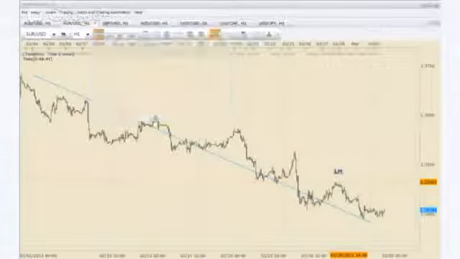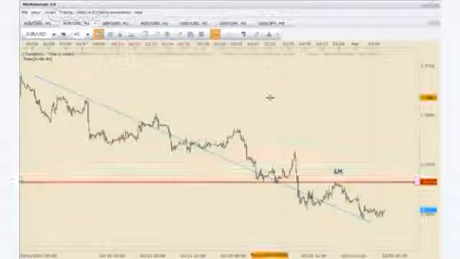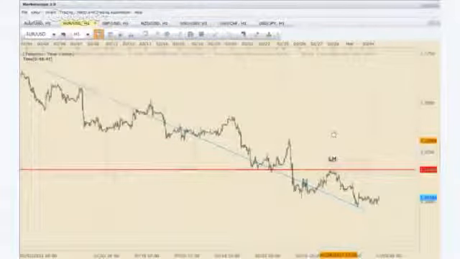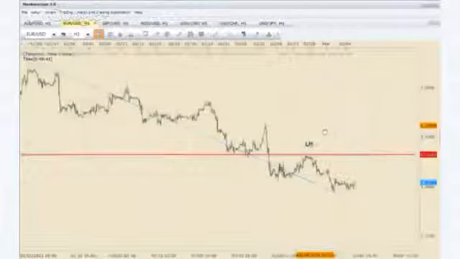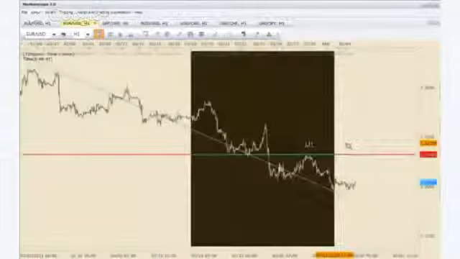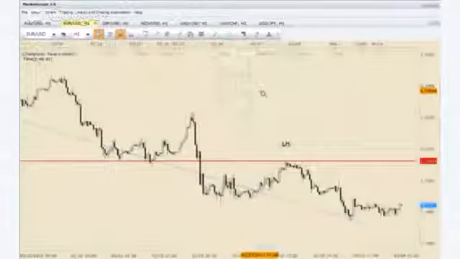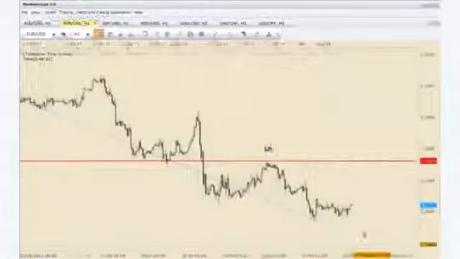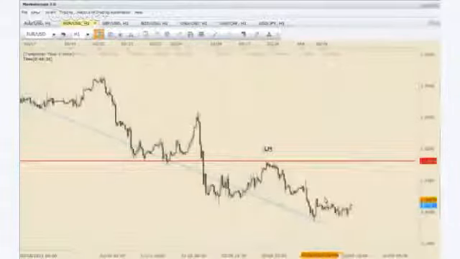Draw that there like that. And now price, that's still in place. Price is moving sideways.